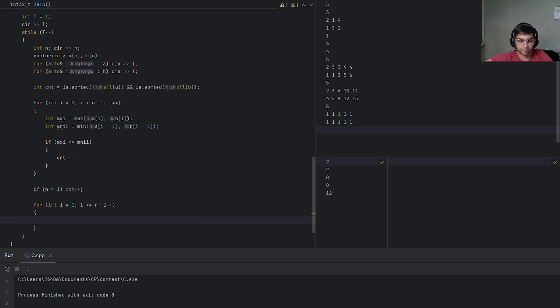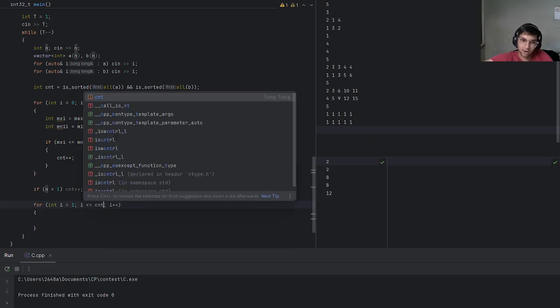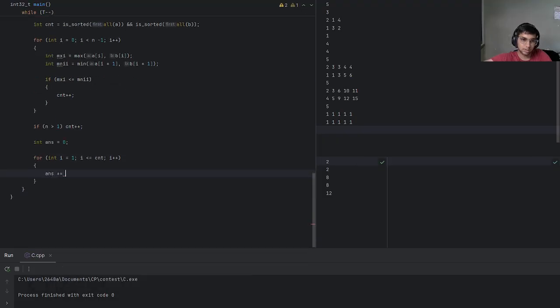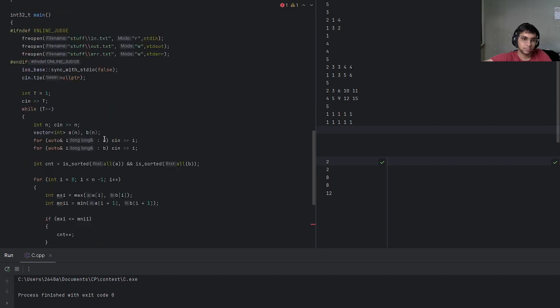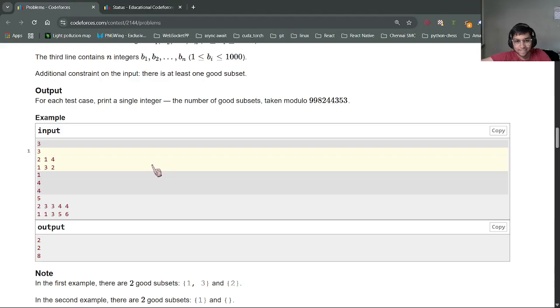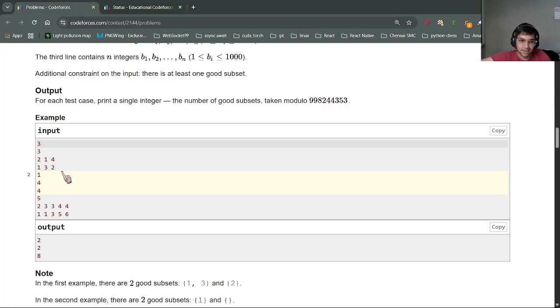N here is the count. Yes. And we need to do answer plus equals NCR of count. Damn it.